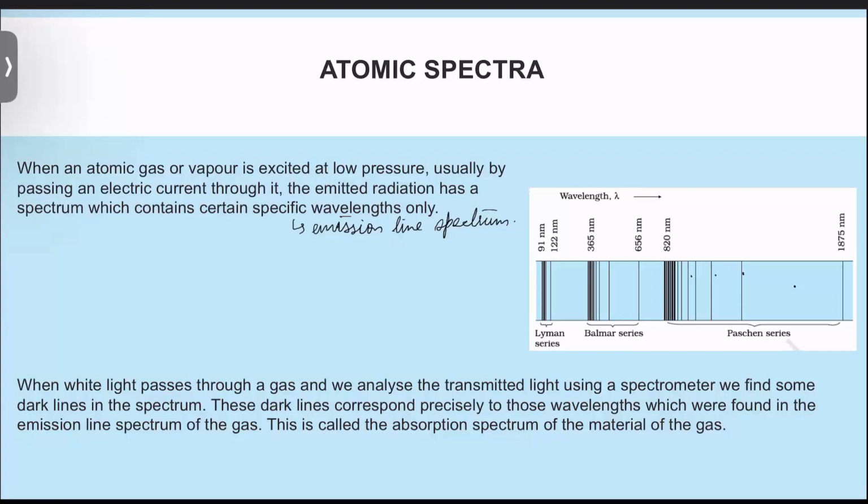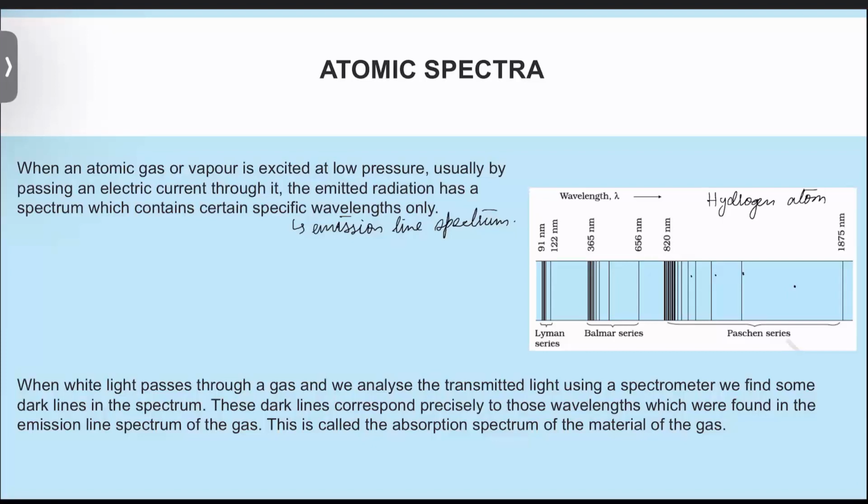This is for a hydrogen atom. Hydrogen has a very simple atomic structure, so that is why we first look at a very simple model. Later on, you will see that every element, even very big ones, has a very different atomic structure. The study of these line spectra gives a fingerprint for identification of different gases.